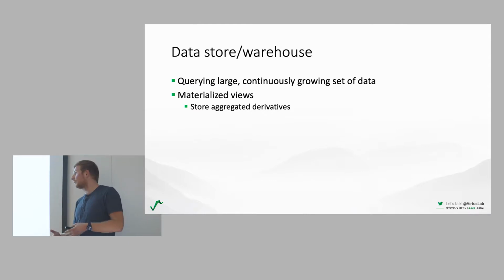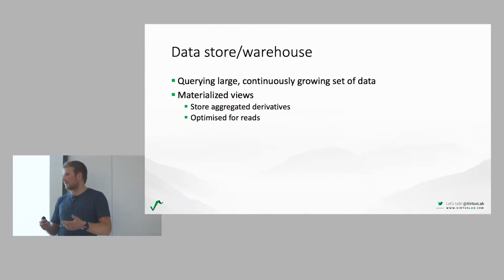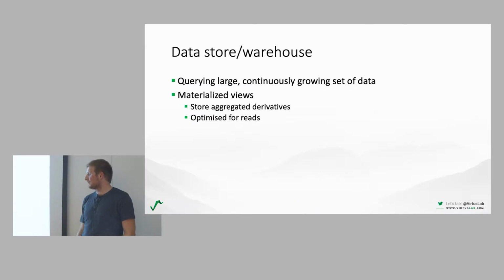So you are not storing raw events anymore, you are just storing the derivatives. You may find it nicely optimized for reads because you can create views for particular screens in your application, but it can be limiting in some way.